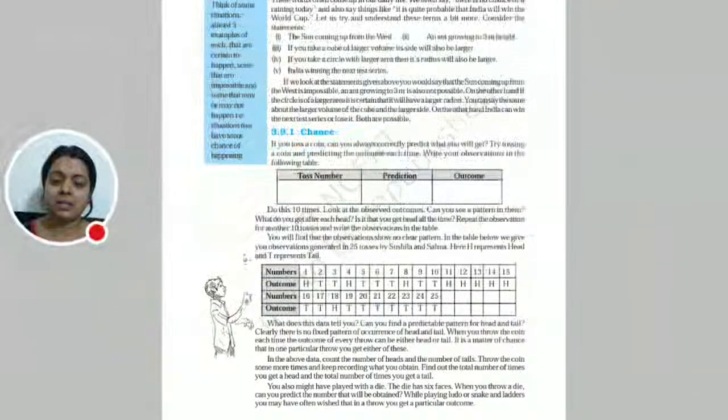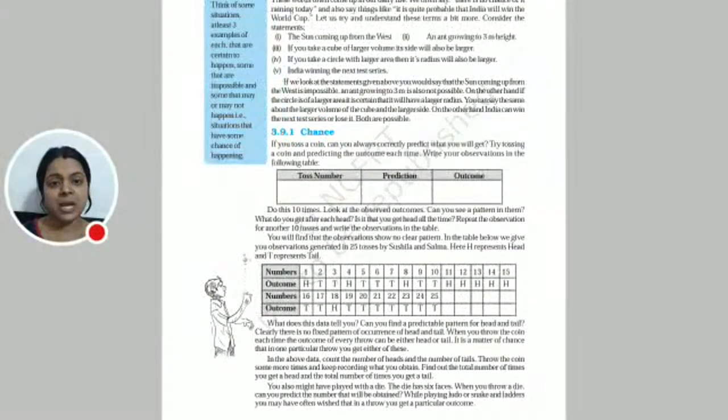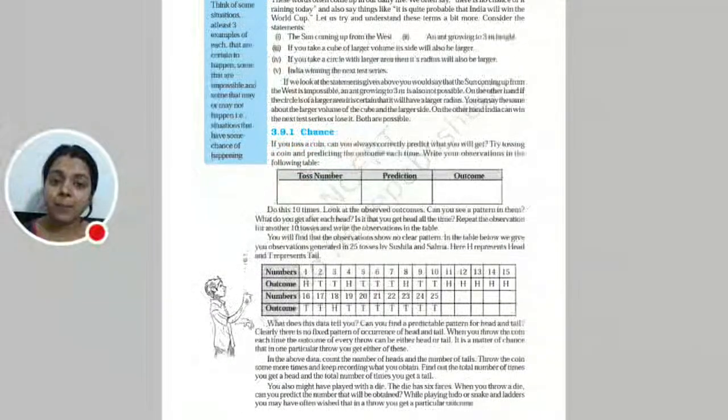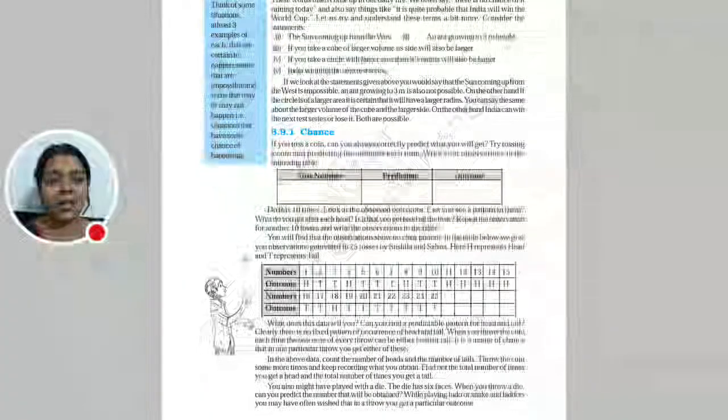There are two teams, maybe one team is the Indian cricket team, another is the Australian cricket team. Both of them have a toss with the umpire, and he is just telling who will take head and who will take tail.